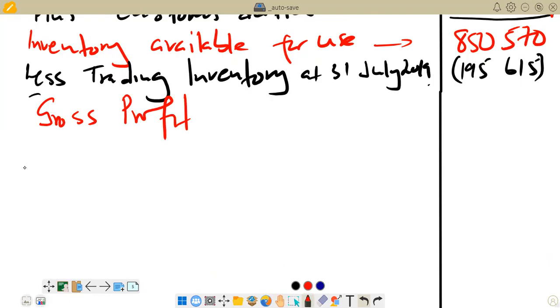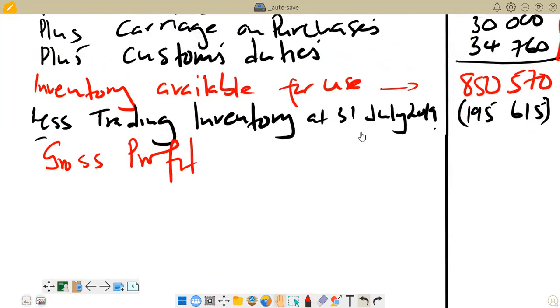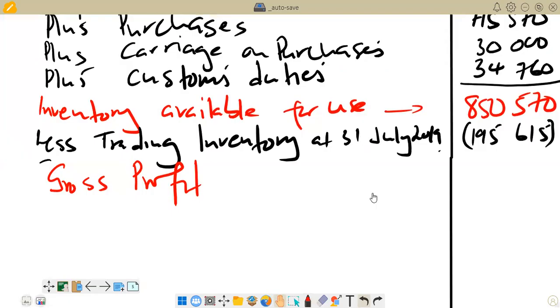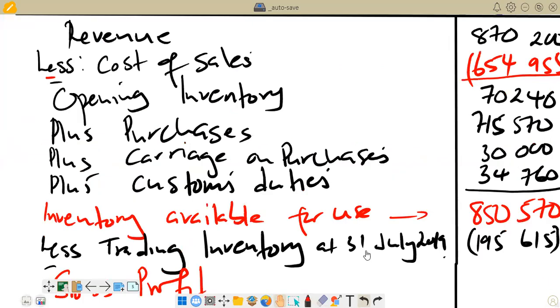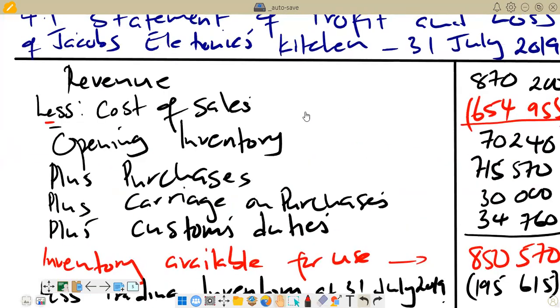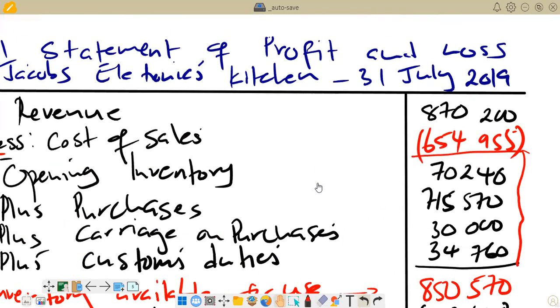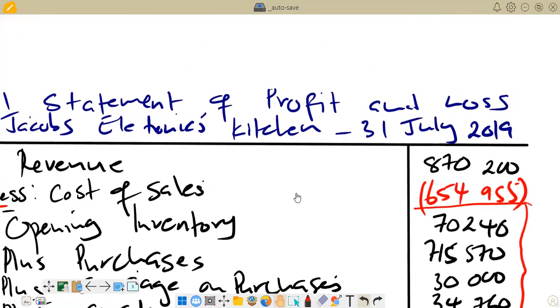To find our gross profit, we go up to take the figure for revenue minus cost of sales. Here is the figure that we have for sales: 870,200.